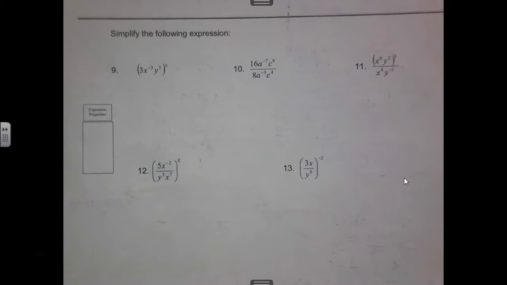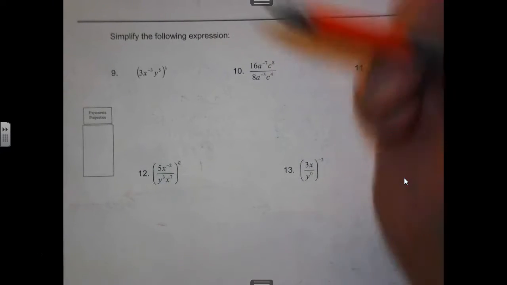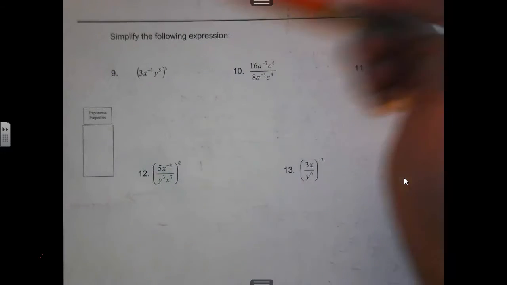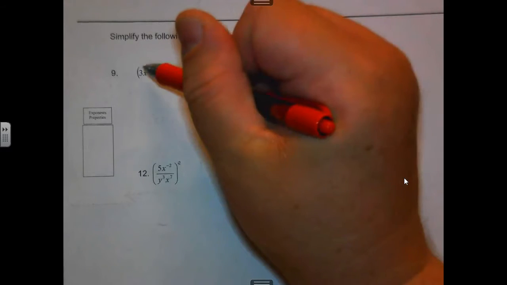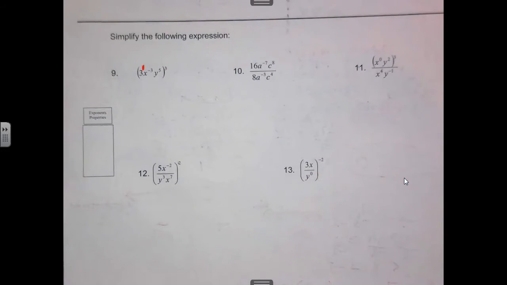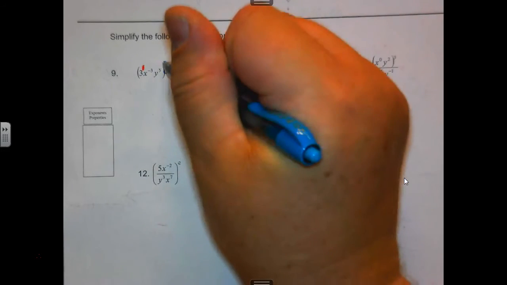Let's do the bottom first, and if we get time, we'll go back to the absolute values. If I do not have an exponent, what is it? 1. I have an x outside parentheses. What do I do? Distribute, multiply them.